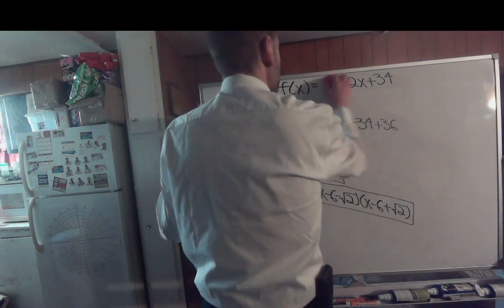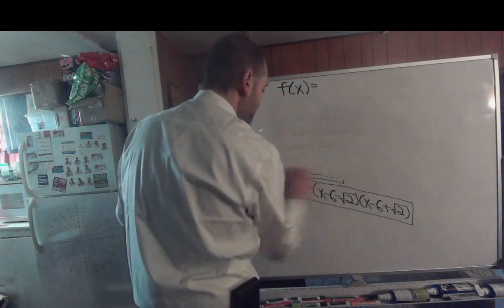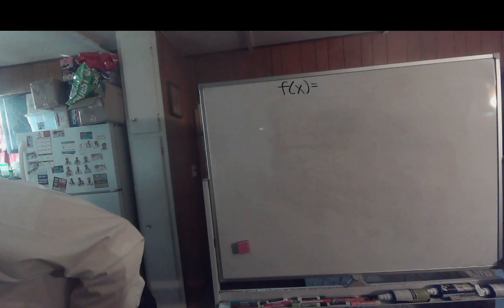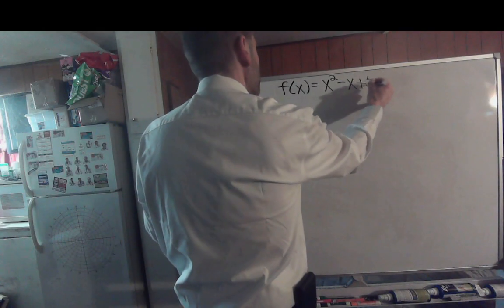Now let's flip this around a little bit. Let's try to do one with an imaginary. We have x squared minus x plus 56.